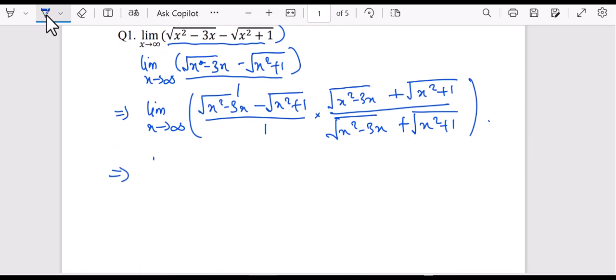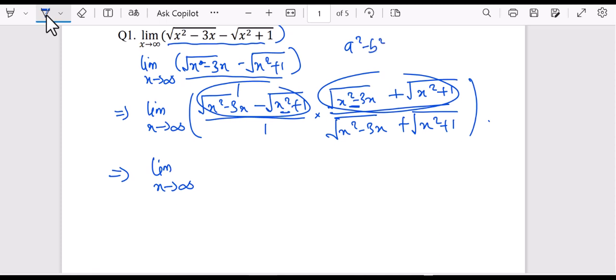So we will have the limit as x approaches infinity. This is a difference of two squares: this term squared and this term squared. You remember a squared minus b squared equals a minus b times a plus b.